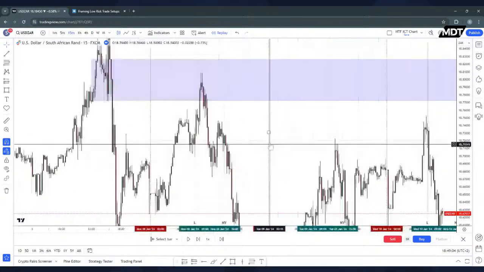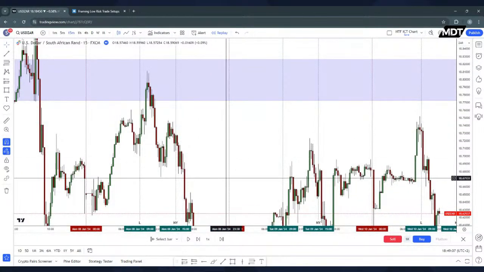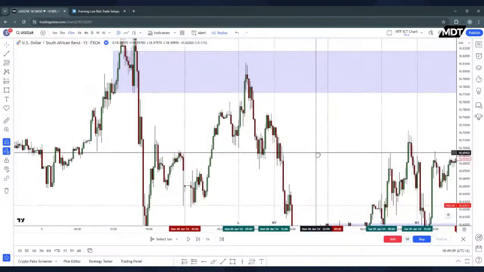Now, my TradingView is so glitchy right now.